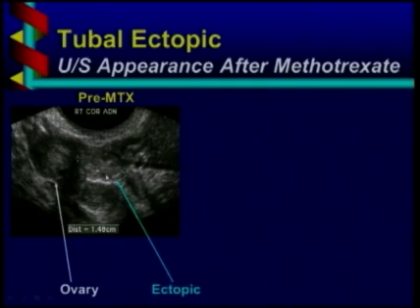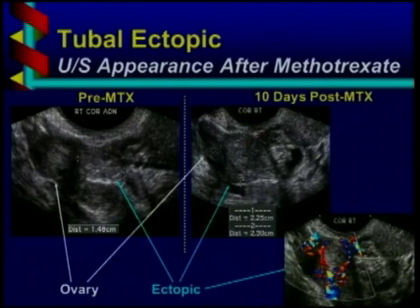Because of the diagnosis, she was given methotrexate and was having quite a bit of pain, so was sent back for a follow-up ultrasound a week later. And on the ultrasound a week later, this mass has grown from 1.5 centimeters to over 2 centimeters. You can see it's rounder, fuller, bigger than it was prior to methotrexate.